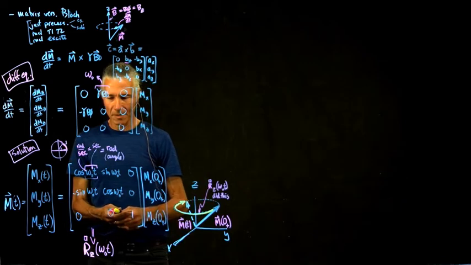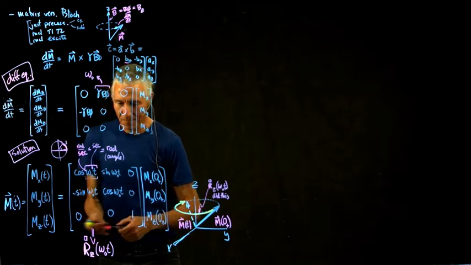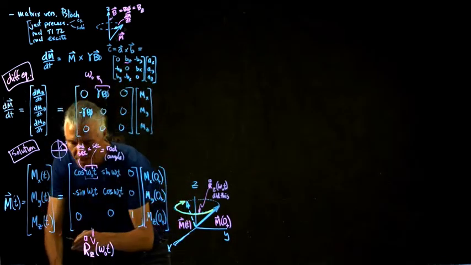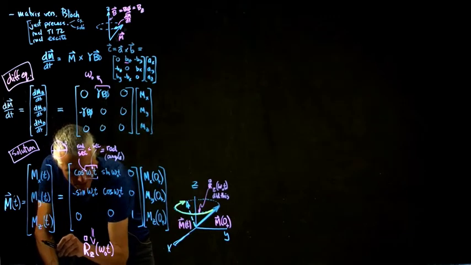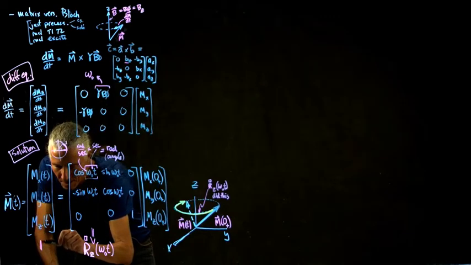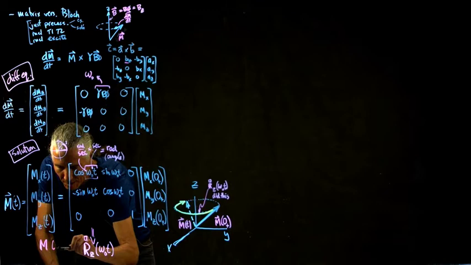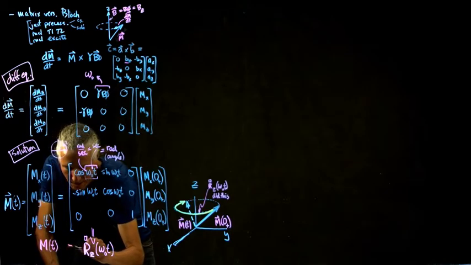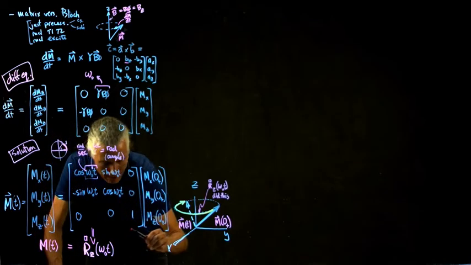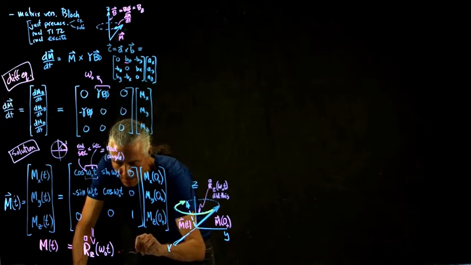So we end up compressing our notation down to: the m vector at a point in time just equals this rotation matrix operating on whatever the initial condition was.